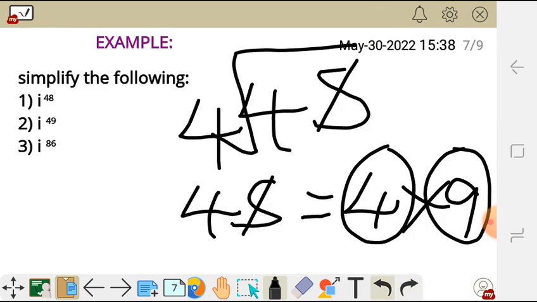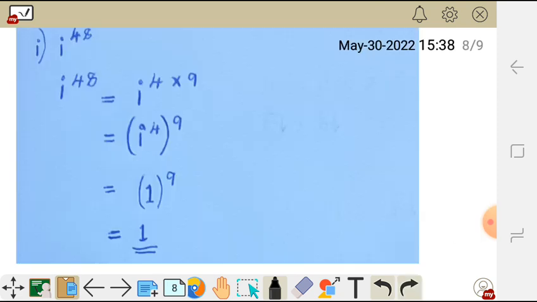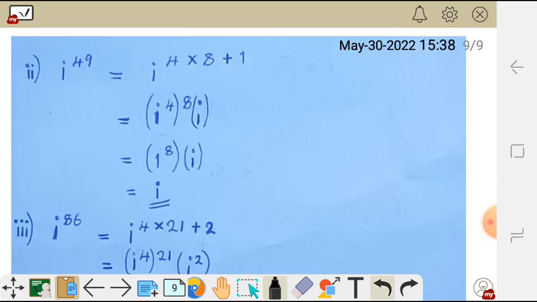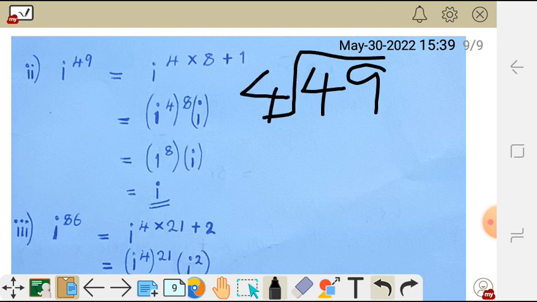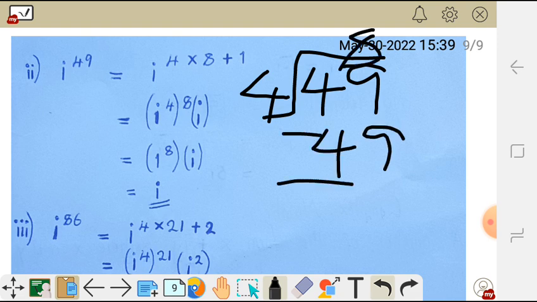The second question is saying i to the power 49. What of i to the power 49? So what you do, you divide 49 by 4. 49 divided by 4 is 8, remainder 1.